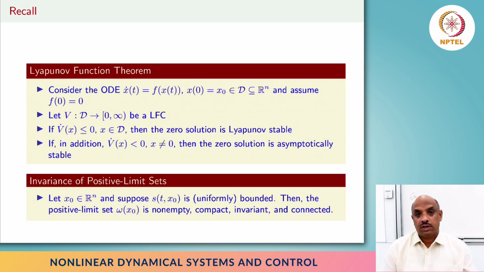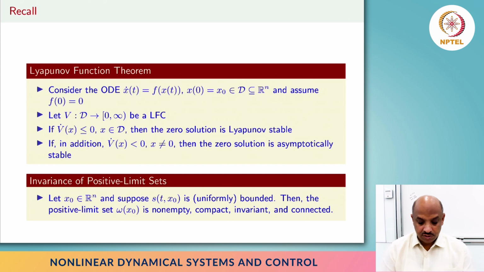If you recall, in the lecture on dynamical behavior of systems, we had this wonderful, really fundamental result that says if you have a solution that is uniformly bounded, uniformly with respect to the initial condition and time, then the positive limit set, the set of limit points, is going to be non-empty.